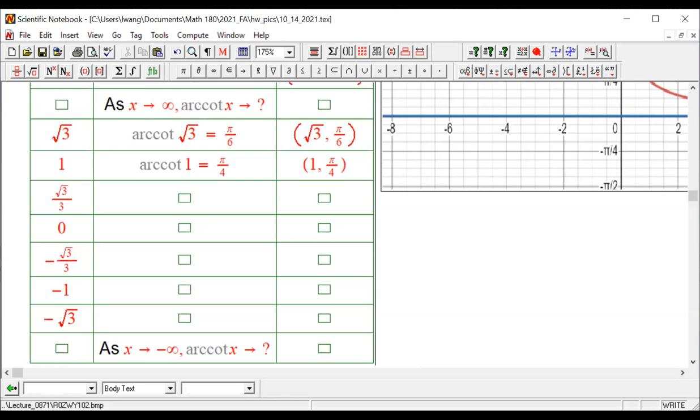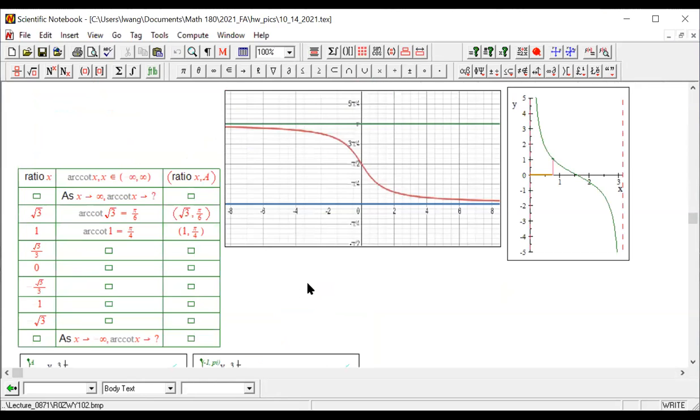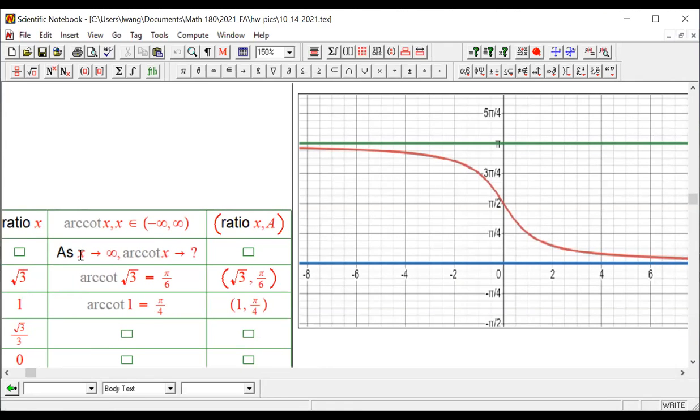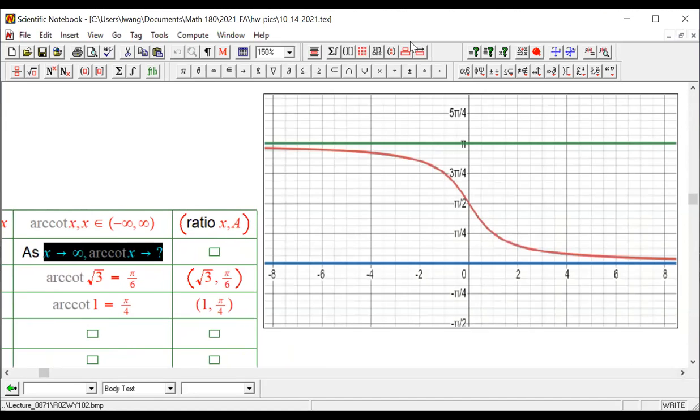When the ratio approaches positive infinity, because ratio is the input, what does the arc cotangent approach?